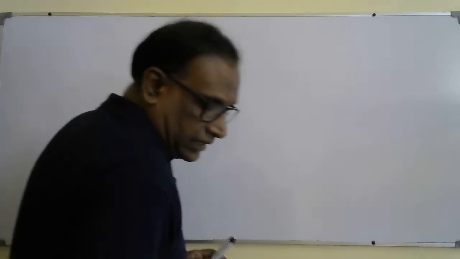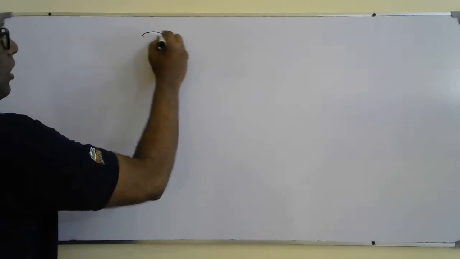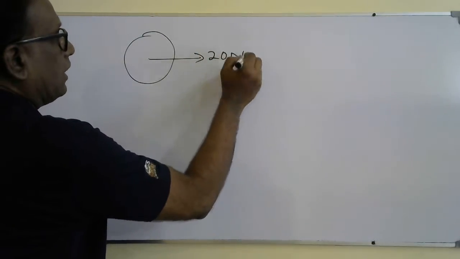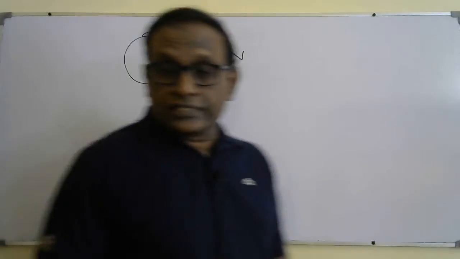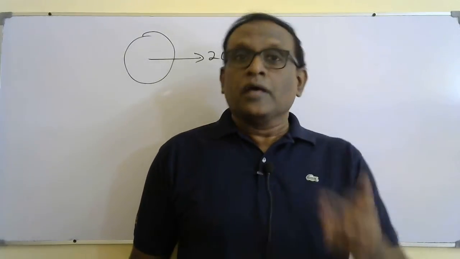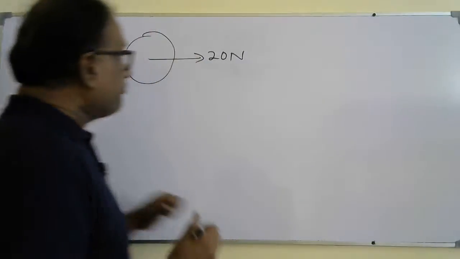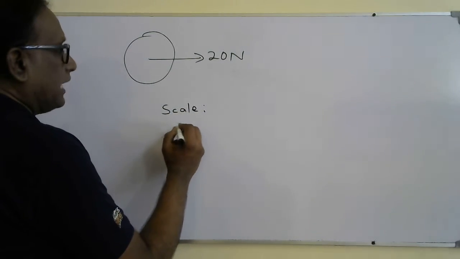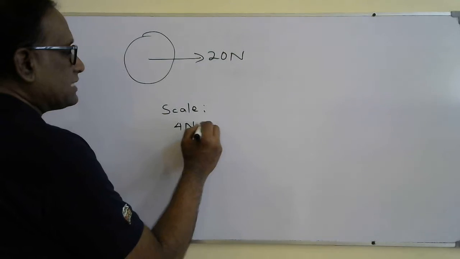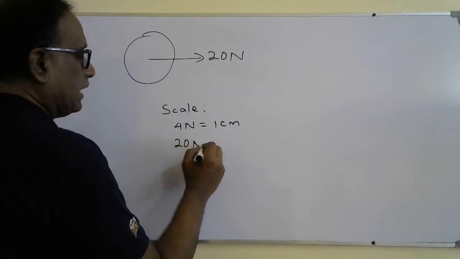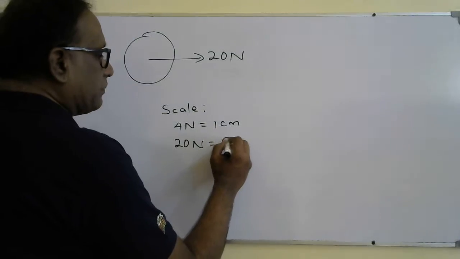For example, there is an object, and on that there is a force of 20 Newton acting towards east. This force could be shown by a straight line with an arrow based on a scale. So I can define a scale, say 4 Newton is equal to 1 centimeter. That means 20 Newton equals 5 centimeter.